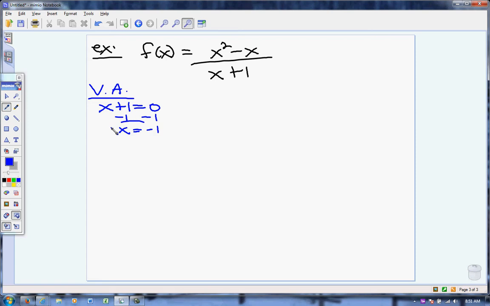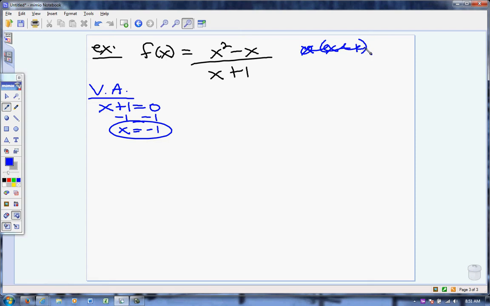So I know that I have a vertical asymptote at -1. Now, let's be cautious though. Would anything have factored out at the top that would make that go away? I don't think so, because if I factored this top, it becomes x times x minus 1, so nothing will cancel. All right, so we're okay with that.